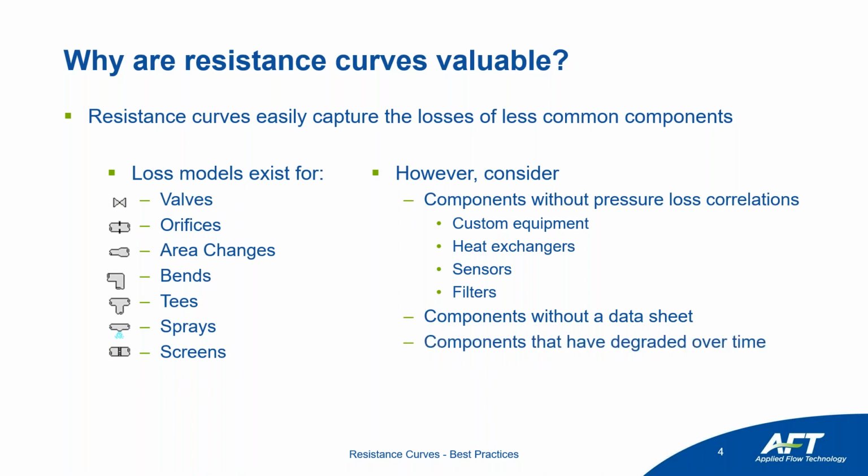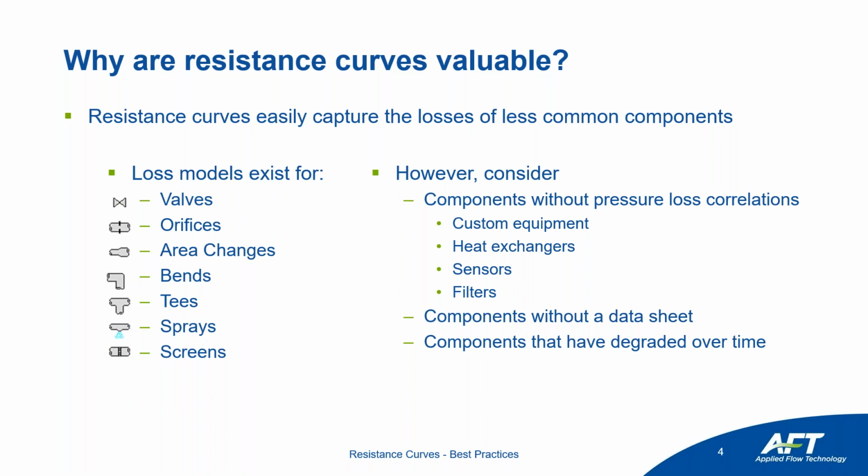Finally, as I mentioned, components can degrade over time, especially with heat exchangers and equipment fouling, where the spec sheet may no longer be accurate. So especially in cases of calibration where you're looking at your model, trying to represent your system as accurately as possible, you want to account for that degradation, and the best way to do that is by capturing it with a resistance curve.